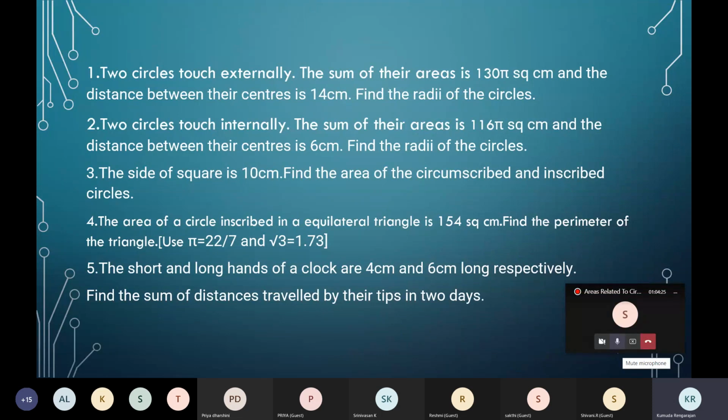So given some information about the circle, you will have to find something of the triangle. Find the perimeter of the triangle, which means you'll have to find the side of the triangle and hence find the perimeter.